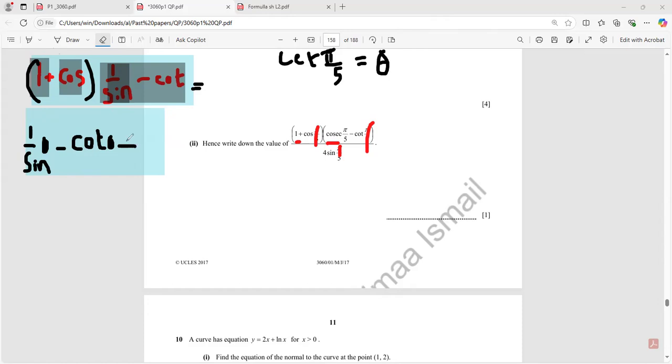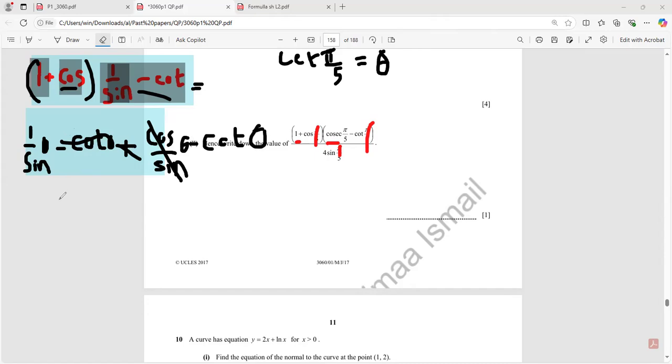Sine will be positive, so cosine over sine. Then cosine multiplied by negative cot, which is negative the same. Remember the flip: tan equals sine over cosine and cot equals cosine over sine. So I need to keep the positive with the negative, theta, of course.